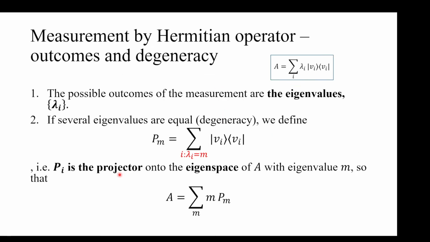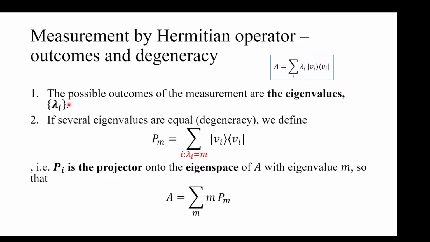Measuring a Hermitian matrix is a lot like measuring in the orthonormal basis of those eigenvectors, but there are two major differences. The first is how we label the outcome. Previously we said we get the ith outcome, but here the outcomes are labeled by the eigenvalues. So when you get I, you say the outcome is lambda i.